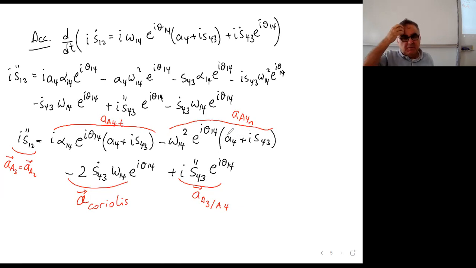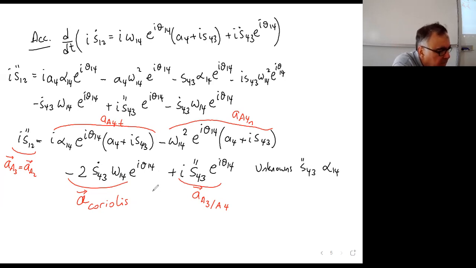Now this equation, in order to solve for the unknowns, which are S43 double dot and alpha 1,4, you can take the complex conjugate and solve for these variables, and you will find the results afterwards. Well, I'm not going to write them.